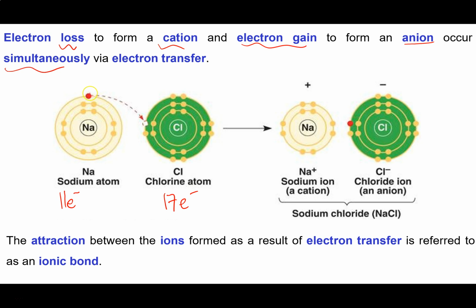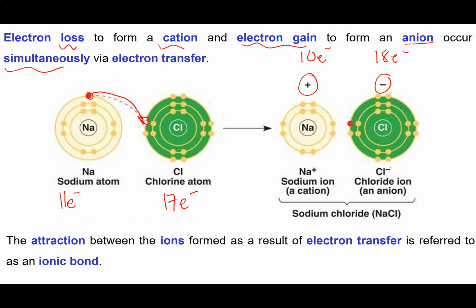Metals like to lose electrons, so sodium likes to lose 1 electron and transfers it over to chlorine because chlorine likes to gain electrons. And so what are we left with now? Well, now we're left with a single positively charged sodium ion that has 10 electrons, and then we have a single negatively charged chloride ion that has 18 electrons.